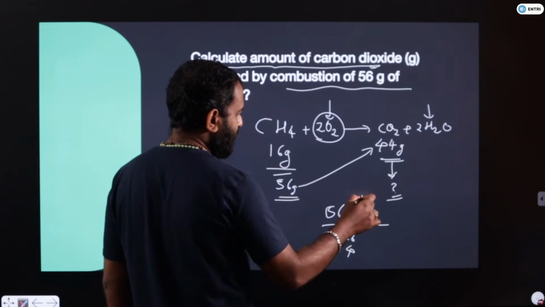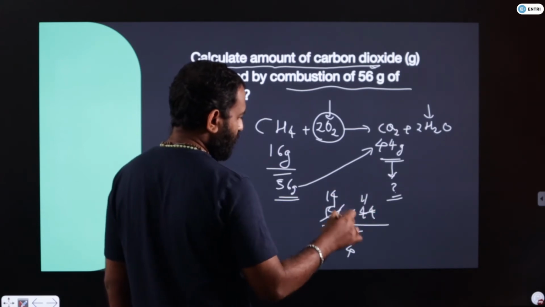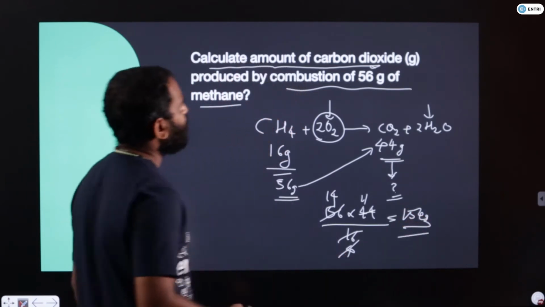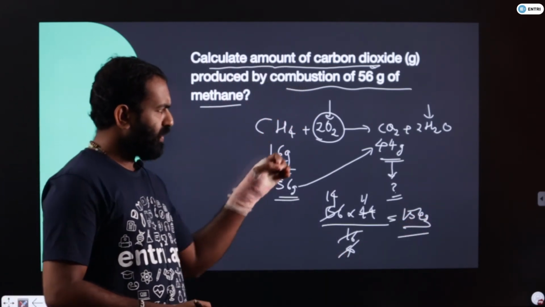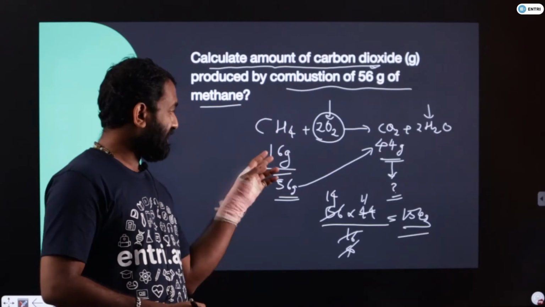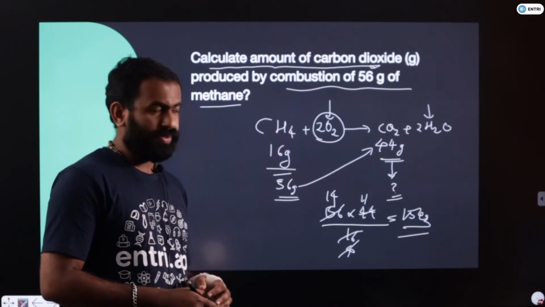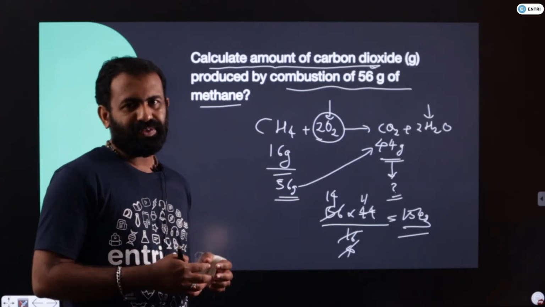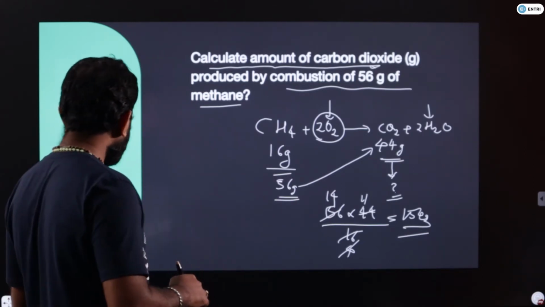So 4, 11, then 14 into 11, 154 gram. 16 gram methane gives 44 gram carbon dioxide, then 56 gram methane gives 154 gram carbon dioxide. This is a basic calculation.